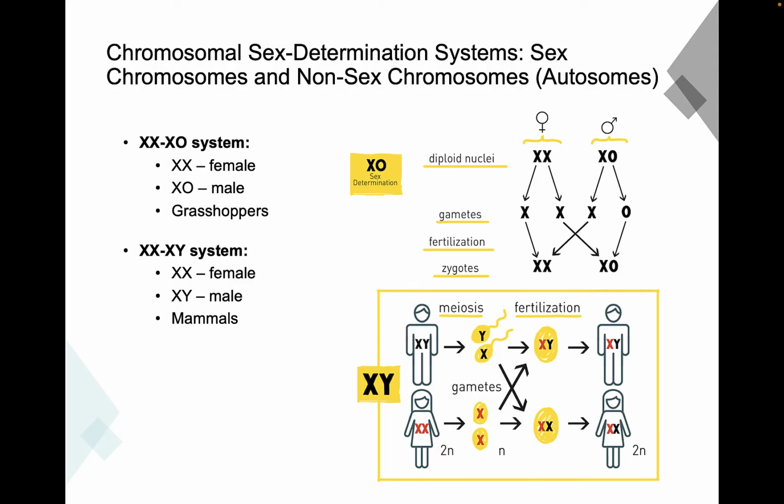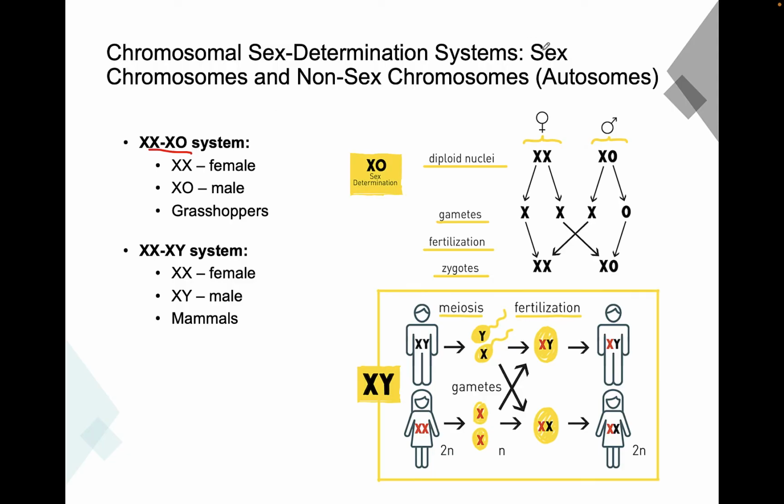For example, in grasshoppers, the system is XO, the O meaning nothing, null. This study was done by McClung with grasshoppers, and they called it the XO system. It's one of the simplest mechanisms of chromosomal sex determination.